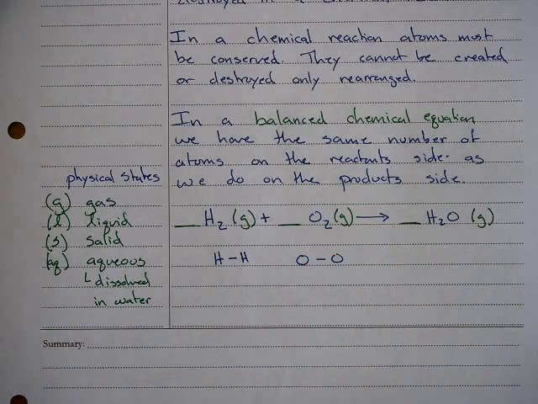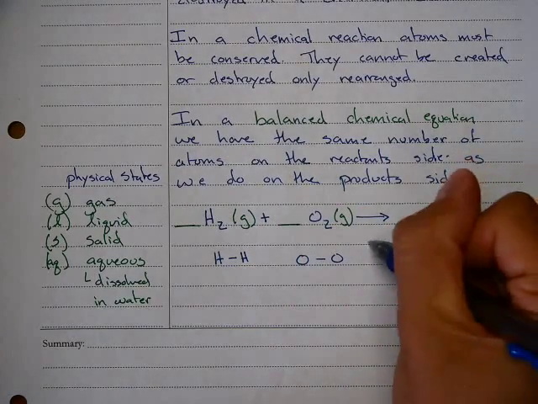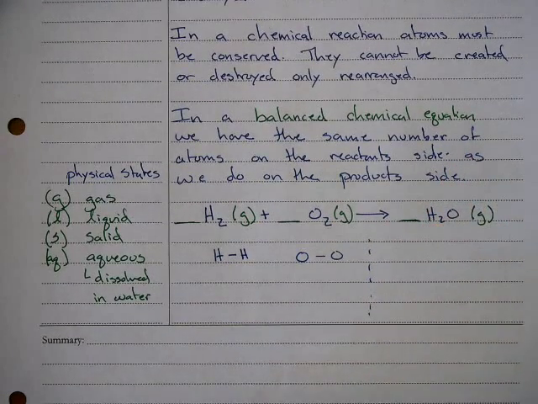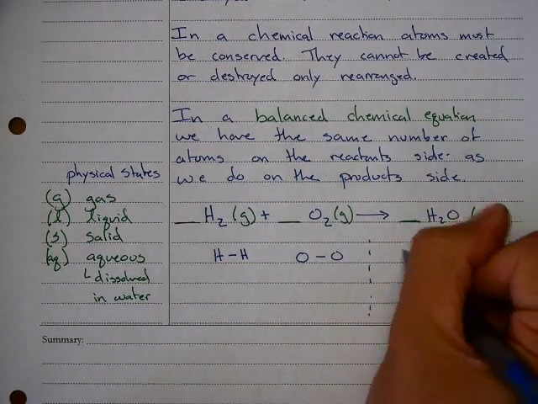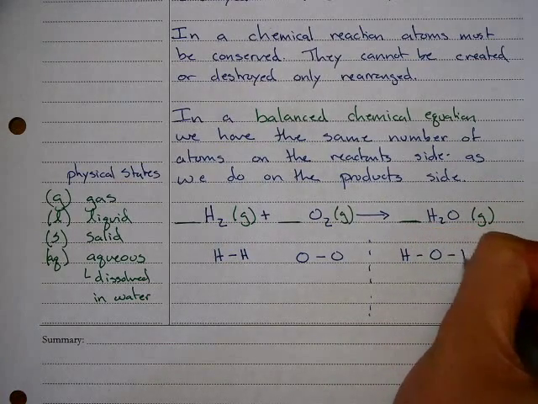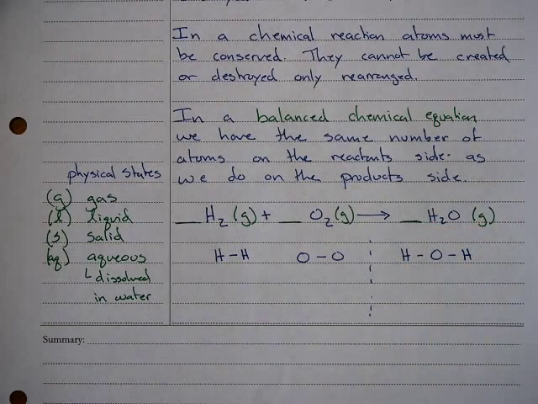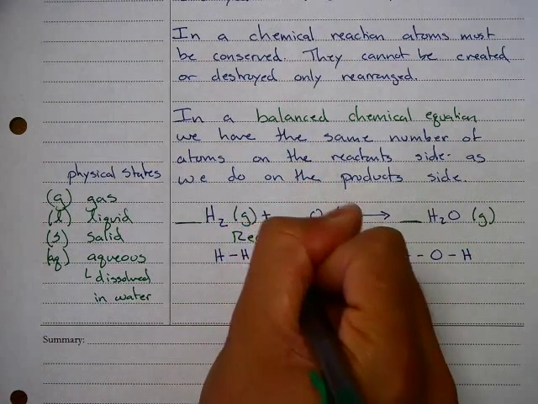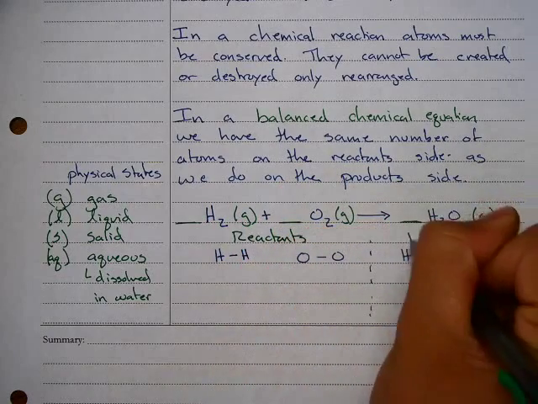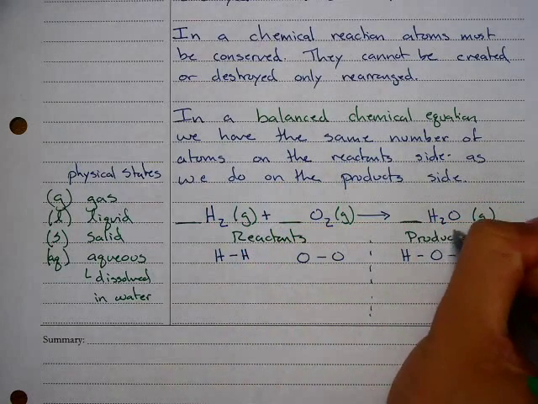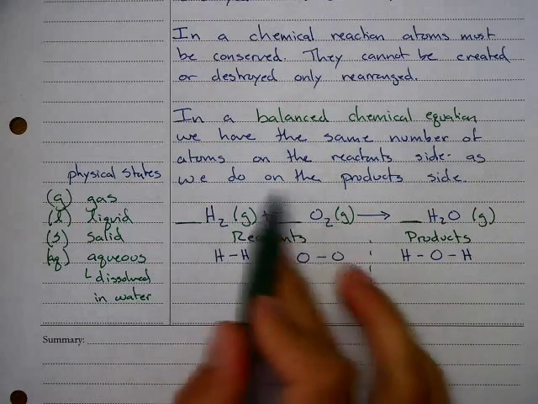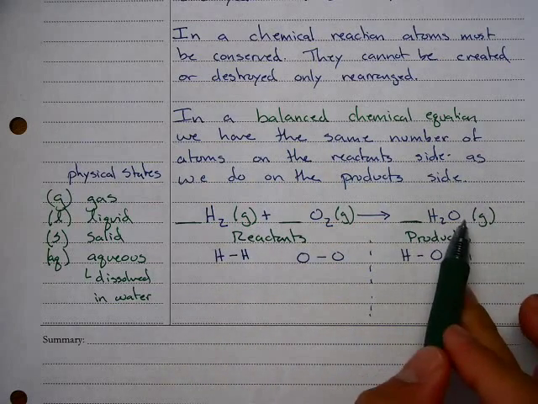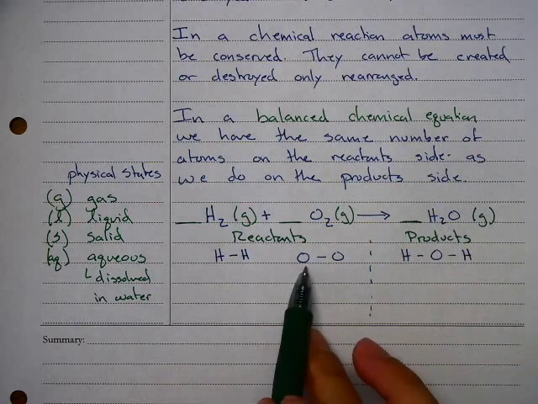So we have O2, and they're connected to each other. And then on the other side, we have hydrogen bonded to oxygen bonded to hydrogen. So we have two hydrogens bonded to an oxygen, and that's our water. And by the way, this is our reactants side, and this is our products side. These are the things that are reacting, and these are the things that we're producing.